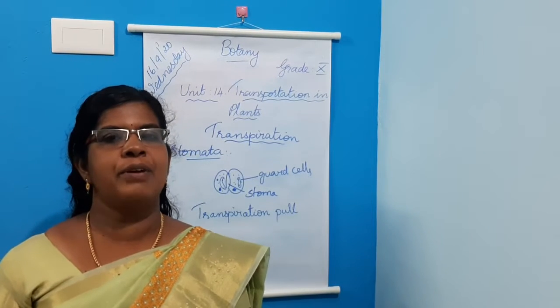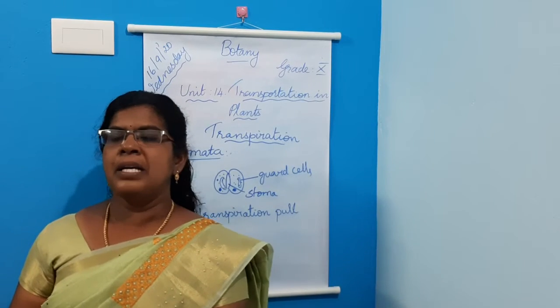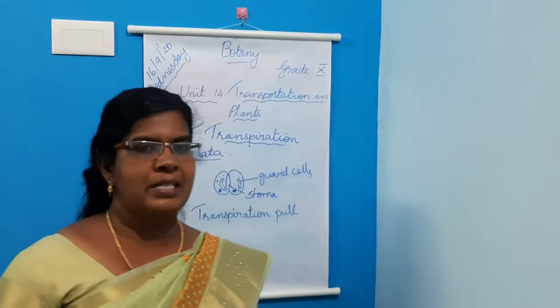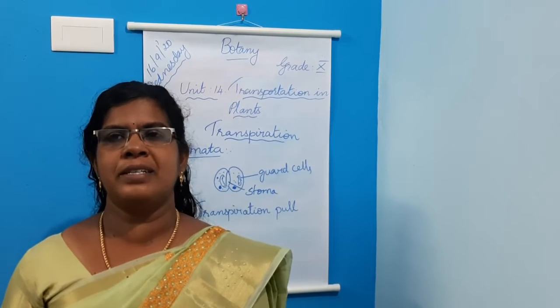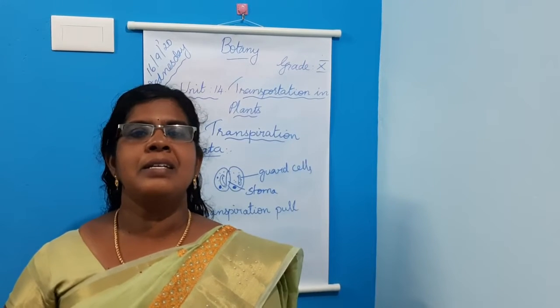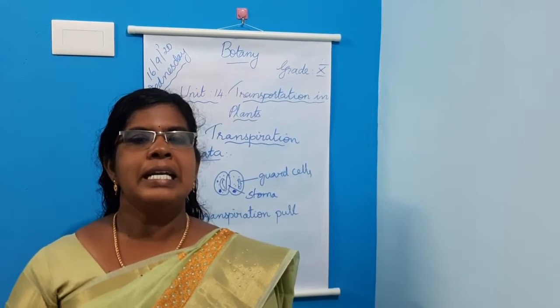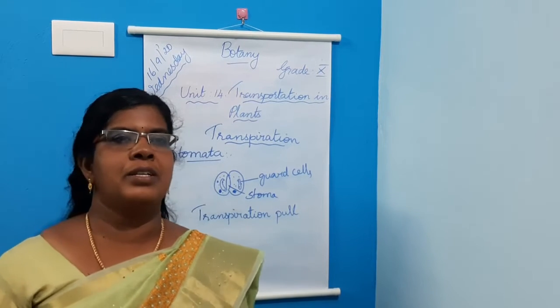The internal factors which affect the rate of transpiration are number and distribution of stomata, percentage of open stomata, water status of the plant as well as canopy structure.